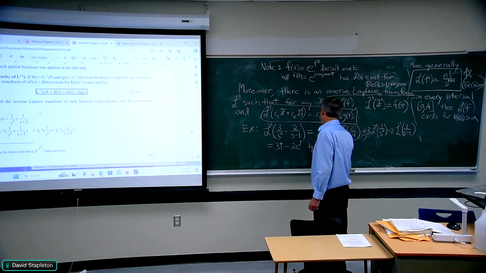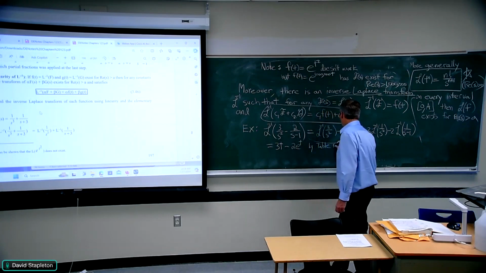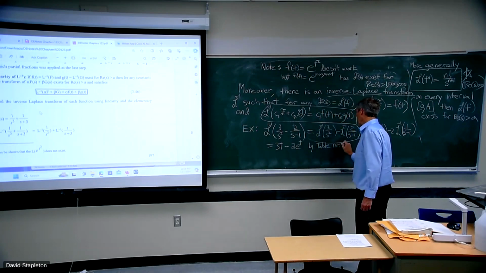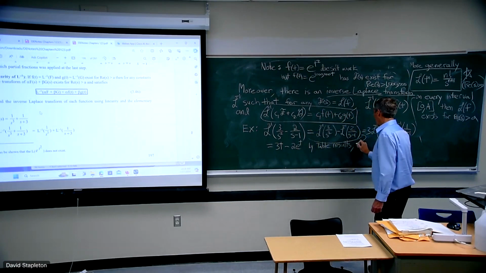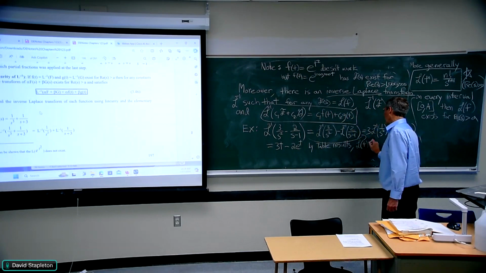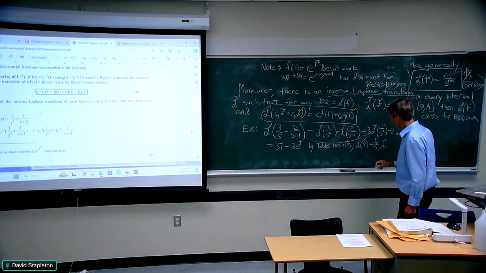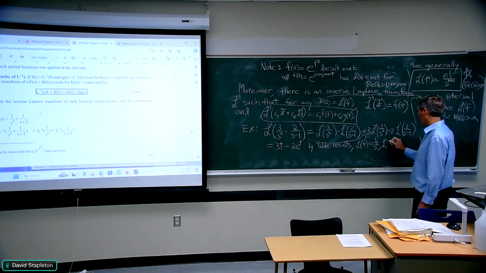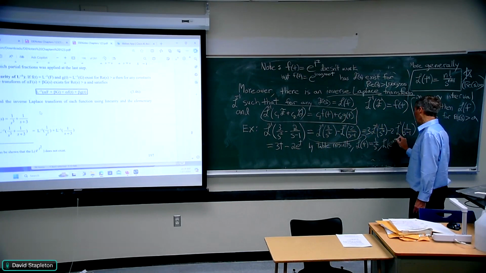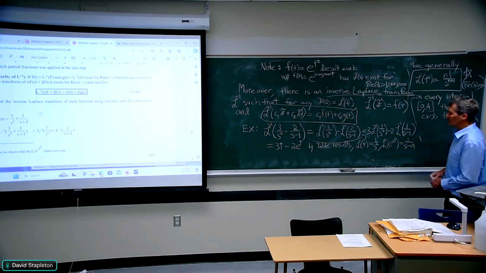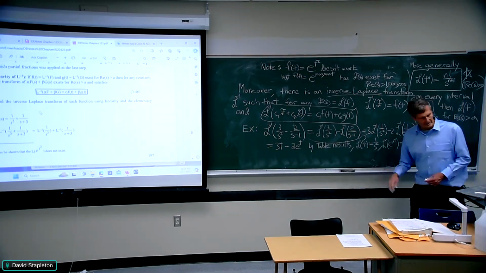The table results say that the Laplace transform of t is 1 over s squared, and the more general one, the Laplace transform of e to the at is 1 over s minus a. We can infer this. So there's how you can do inverse transforms nicely.